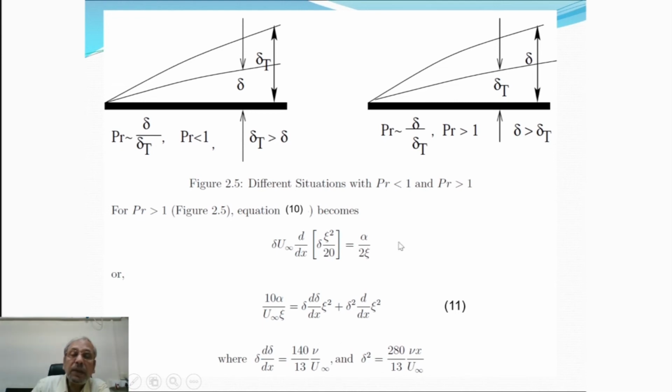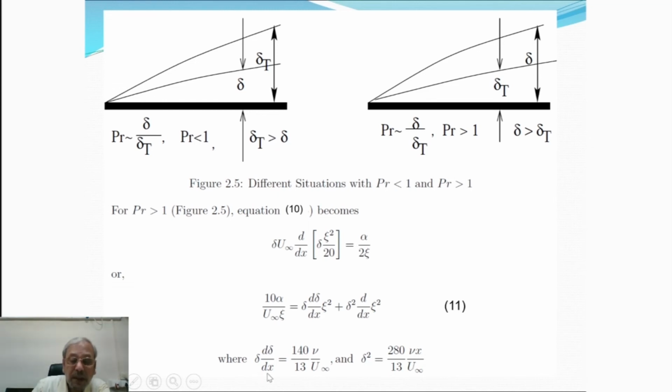This equation 11 we get from here, where we can now, if we recall, substitute delta and delta t from basically velocity boundary layer solution, where we got delta d delta dx equal to 140 by 13 nu by u infinity, and delta square equal to 280 by 13 nu x by u infinity.